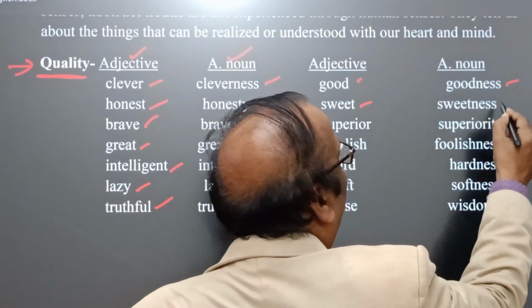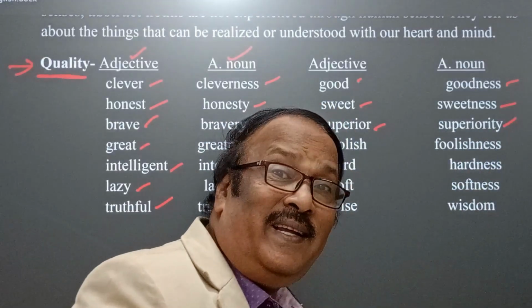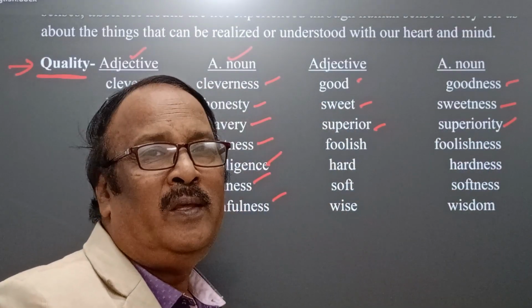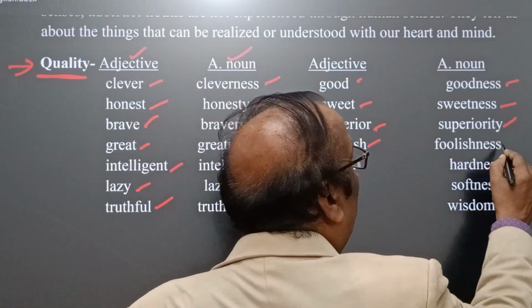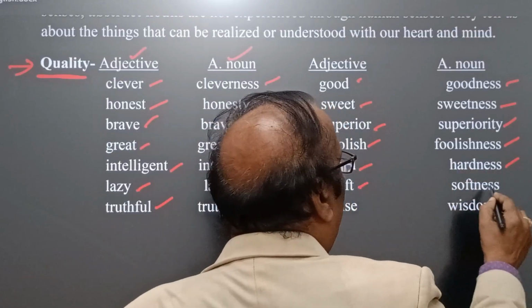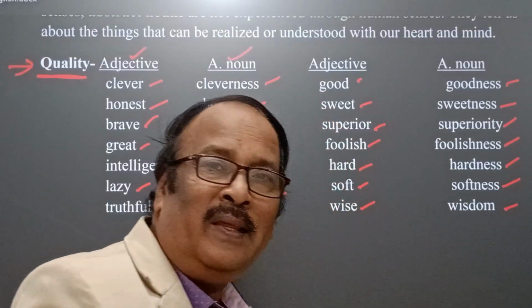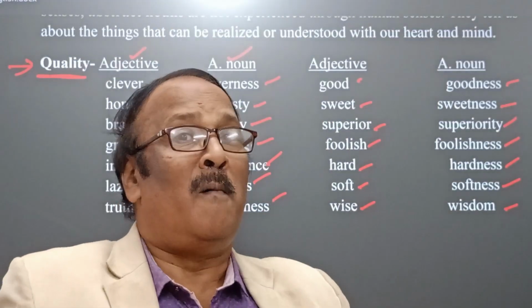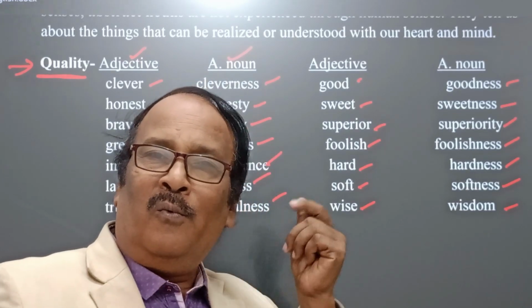Goodness, sweetness, superiority. Yes, you see here we find foolishness, hardness, softness, wisdom. Yes, wisdom is more powerful than wealth.